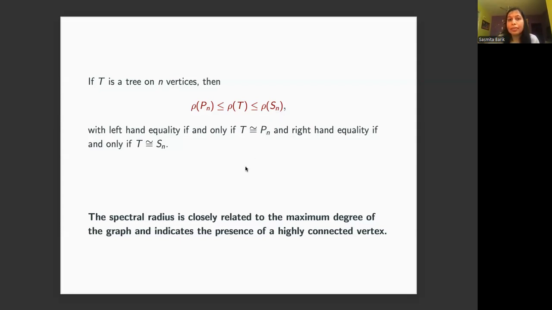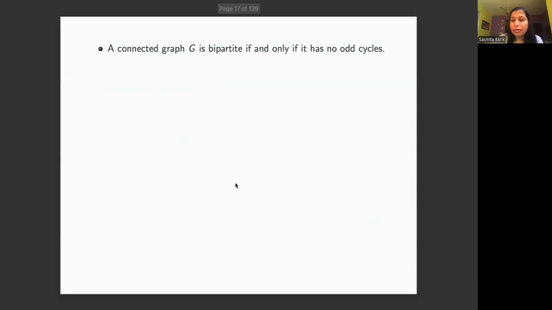The spectral radius is closely related to the maximum degree of the graph: when the spectral radius is large, there are highly connected vertices, that is, vertices with large degree. So this way, graph eigenvalues are related to graph structure. And this is one result you know, on how to characterize bipartite graphs.